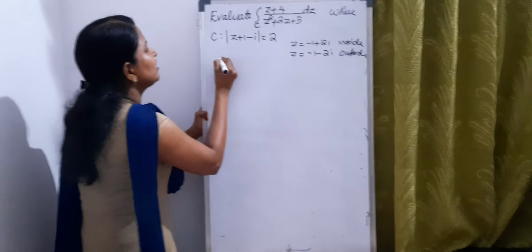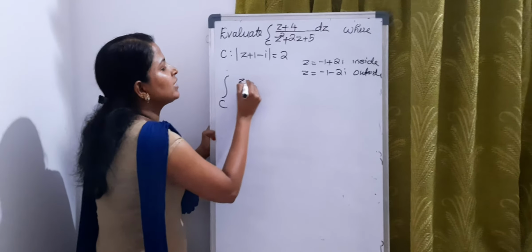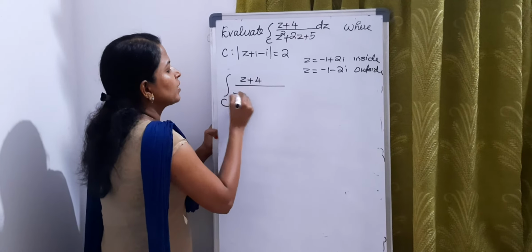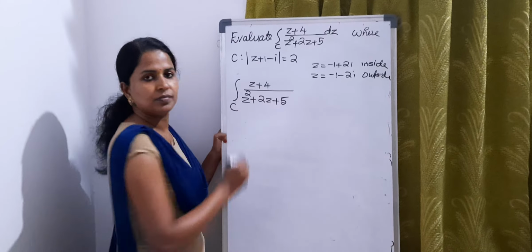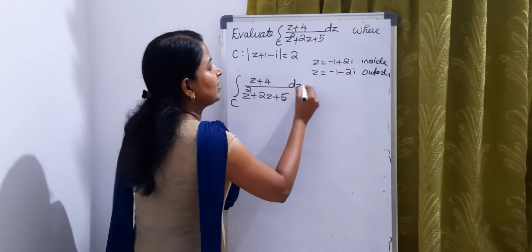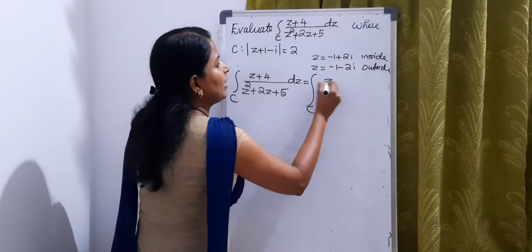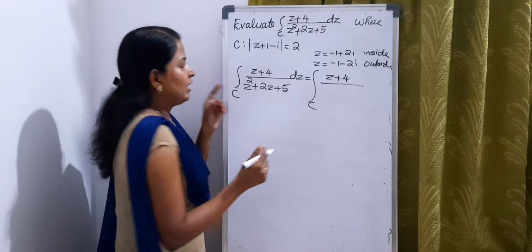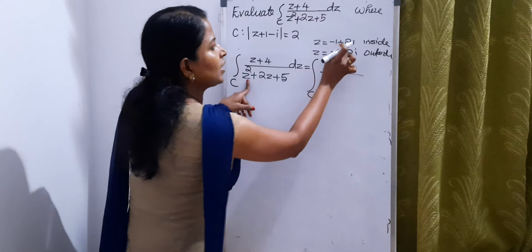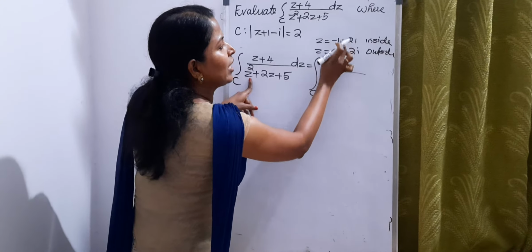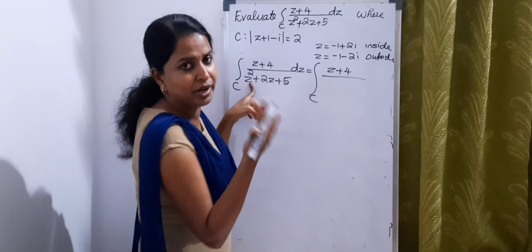Then evaluate this integral over c, z plus 4 by z square plus 2z plus 5 dz. That is equal to integral over c. The denominator can be written using the roots. The roots are minus 1 plus 2i and minus 1 minus 2i.